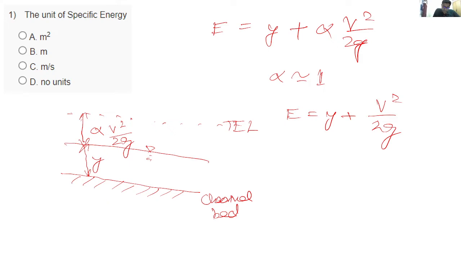And since the specific energy is nothing but the summation of two depth-based entities, the unit of this specific energy should also be a depth-based entity, that is meters. So the answer to this question should be option B. Option B is the correct answer.